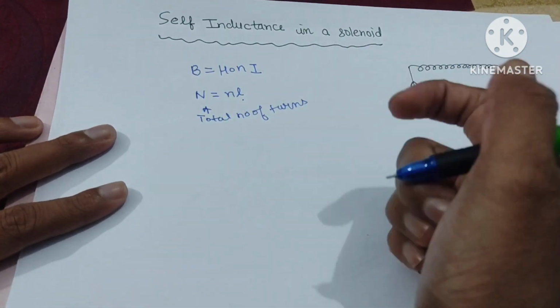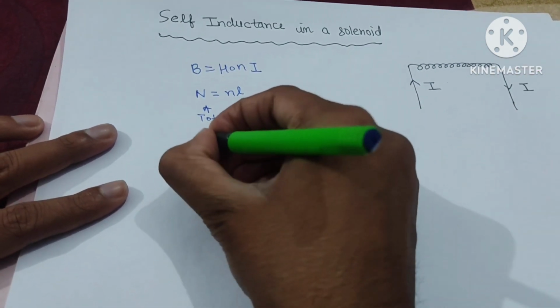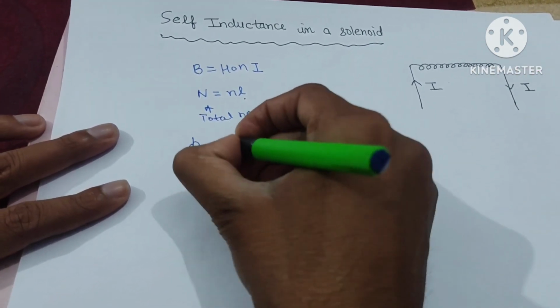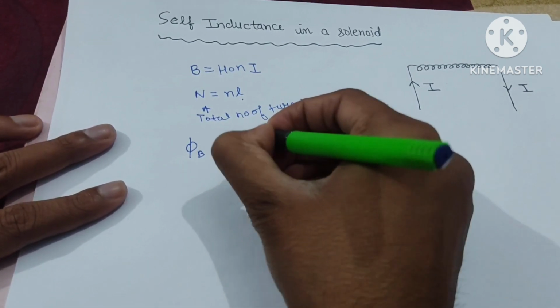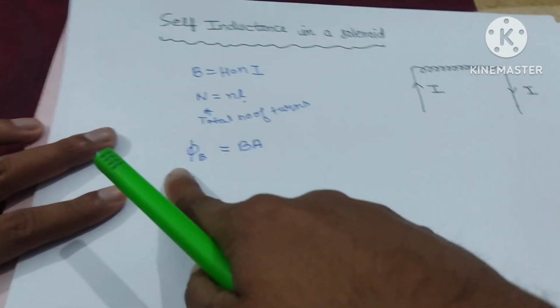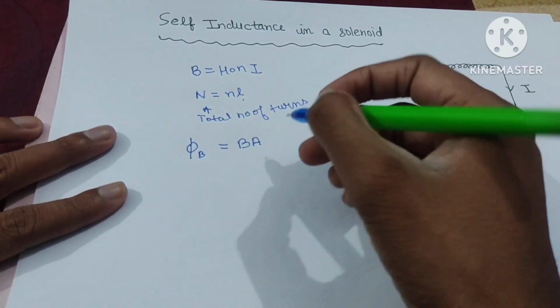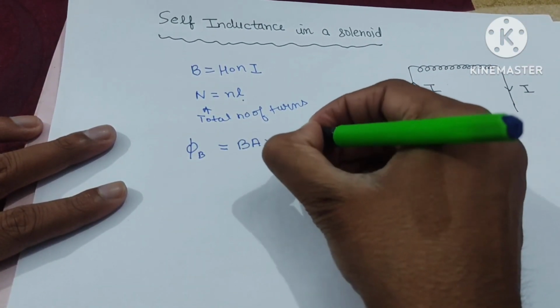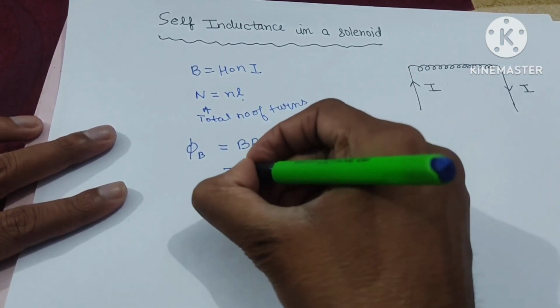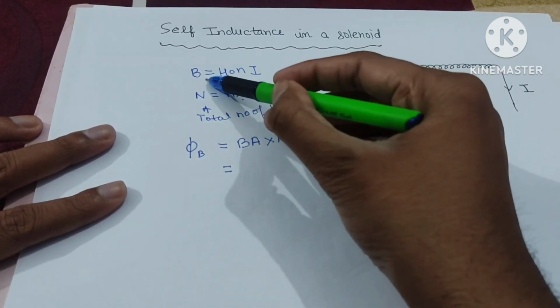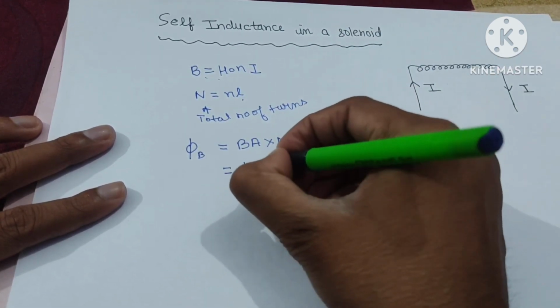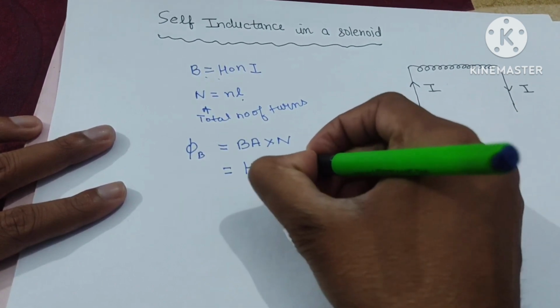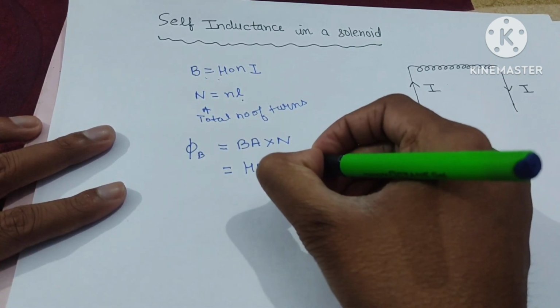Now what we'll do, we know the magnetic flux formula. Magnetic flux formula is BA. But if you're finding it in terms of turns, so you'll multiply by the number of turns. Okay, now you should put this magnetic field value, and now the area. What is area?